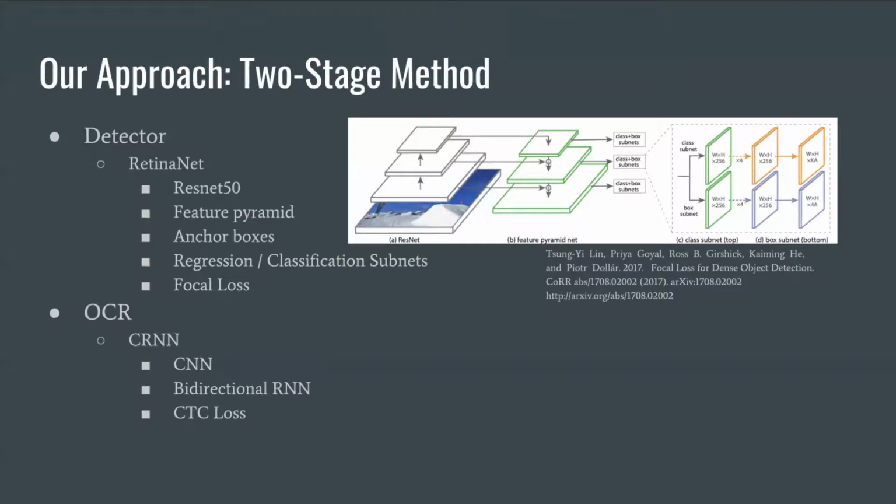CRNN involves a convolutional neural network passed into a 2-layer bidirectional recurrent neural network. In our case, we use an LSTM. The output of this is then run through a CTC loss, which, as we described earlier, allows us to do sequence-wide recognition without the need for individual character segmentation.